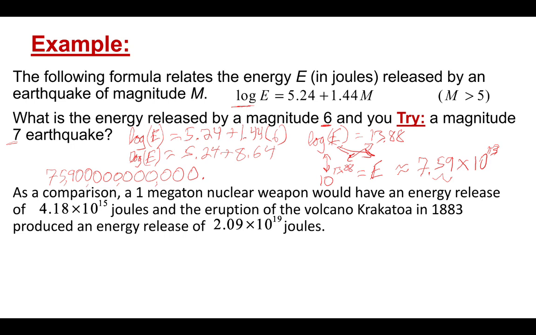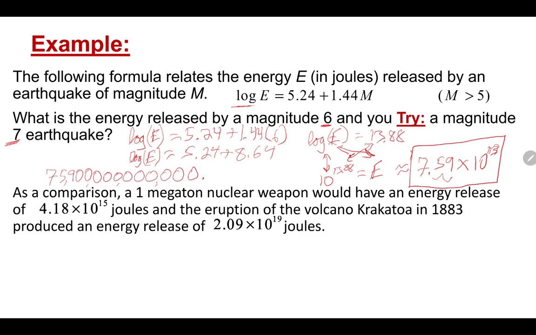As a comparison, and you guys get to try 7. I would write it like this just because it's easier, right? That's what we do with really big numbers or really small numbers. Small numbers usually have a negative exponent on their 10.